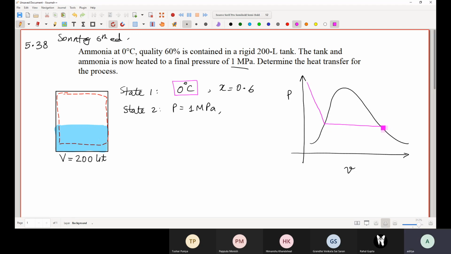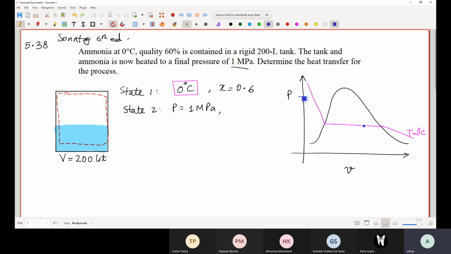Let us say that this is the isotherm which corresponds to T equal to 0 degrees Celsius. And because the quality is 0.6, we can then presume that the point lies somewhere over here.